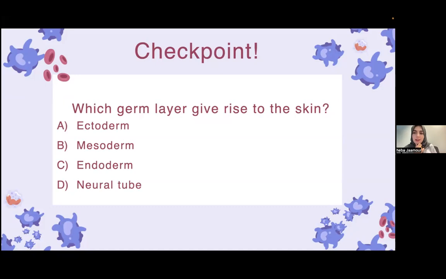What layer gives rise to the neural tube? Also the ectoderm. What about the spinal ganglia? Ectoderm also. Amazing. What about, let's say, the gastrointestinal system? Endoderm. Endoderm, exactly.